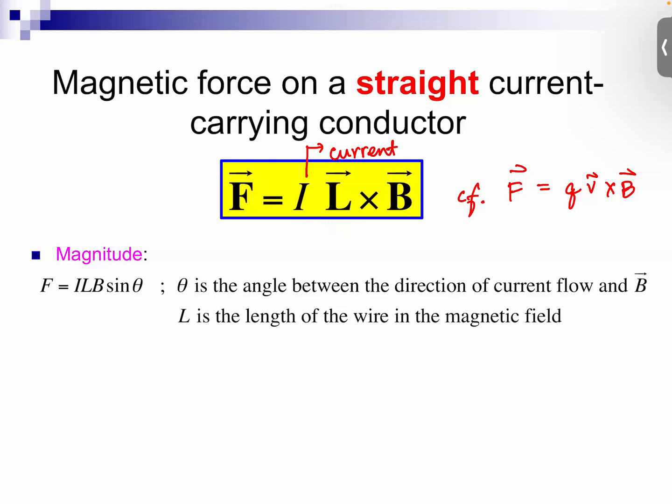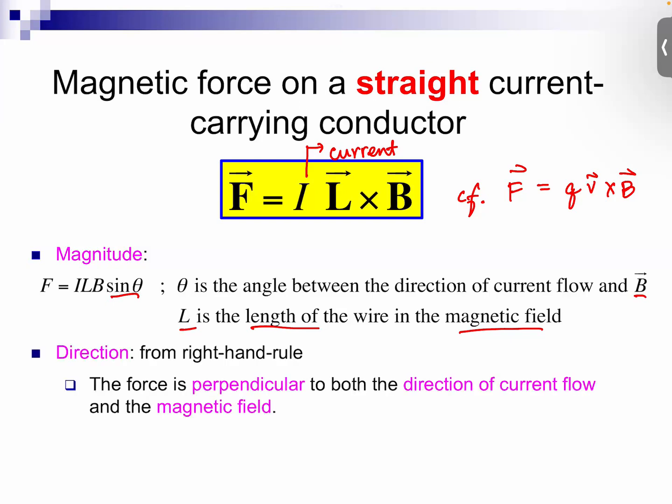First, you can find the magnitude of the force on the wire by expanding the cross product into its sine theta function. L is the length of the wire that has current, and B is the magnetic field. And for the direction, you use the right-hand rule, the same right-hand rule that you use for finding the direction of the force on a moving charge in a magnetic field.